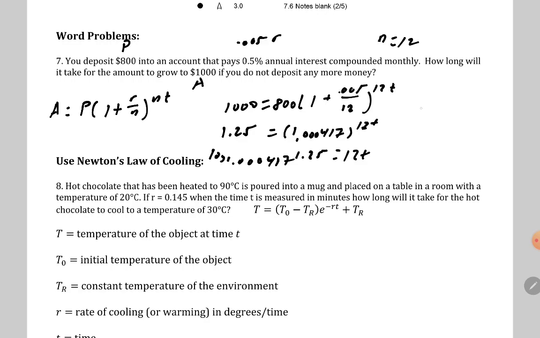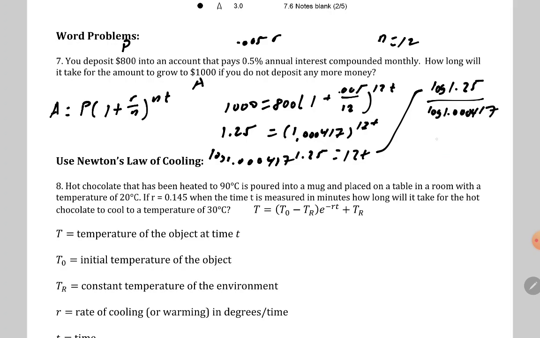So we're going to use the change of base formula to solve the right. So that's going to be log of 1.25 divided by log of 1.000417.